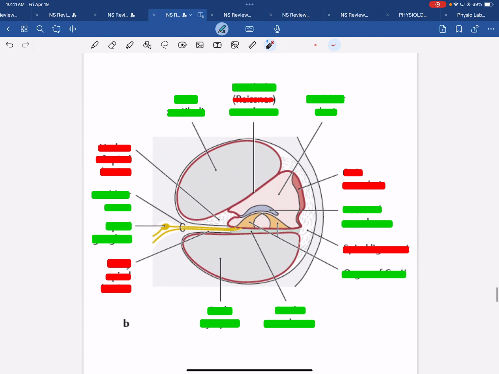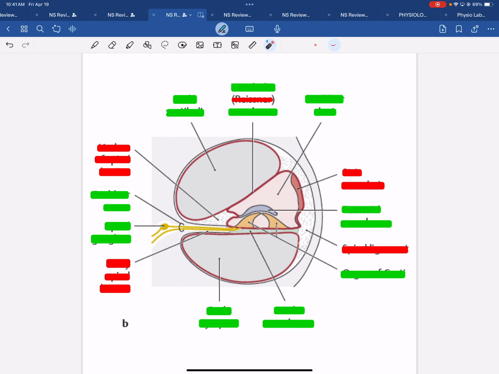So here's just a diagram, and then we'll do actual histological pictures after this. What is this space? Good, the vestibular duct. It's also called scala vestibuli. What about this one? Good, the cochlear duct. It's also called scala media. What about this one? The tympanic duct, also called scala tympani. What kind of fluid is in here? Good, perilymph.